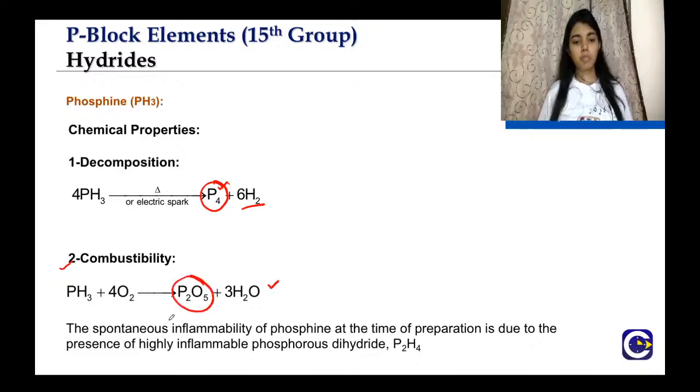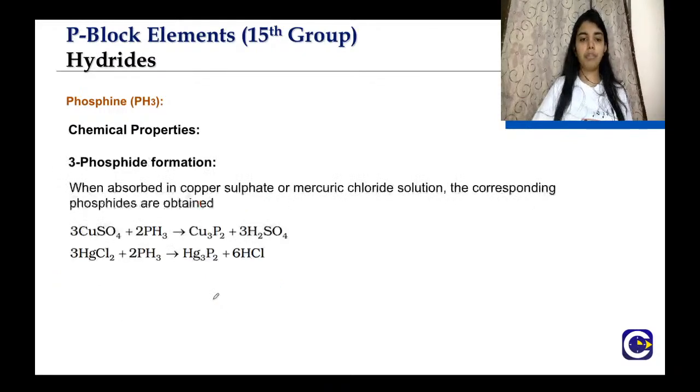The spontaneous inflammability of phosphine, as we have previously discussed, is due to the presence of P2H4, phosphorus dihydride. Phosphine itself is not inflammable, but it catches fire instantly due to impurities such as P2H4 or P4 vapors.